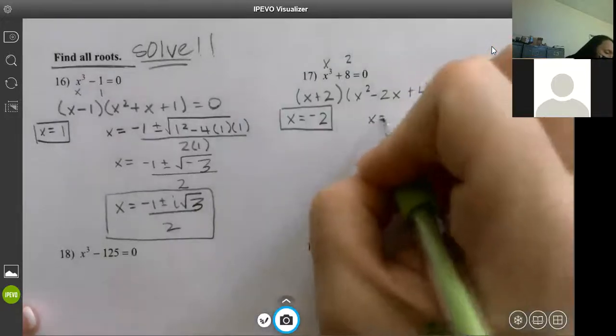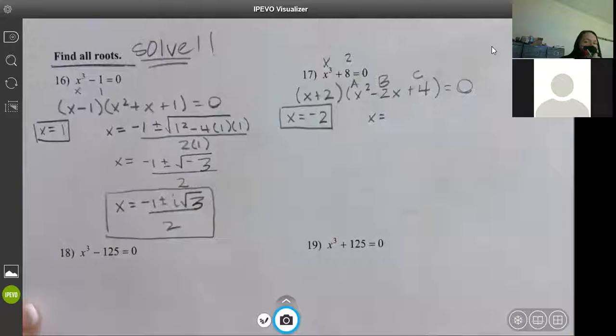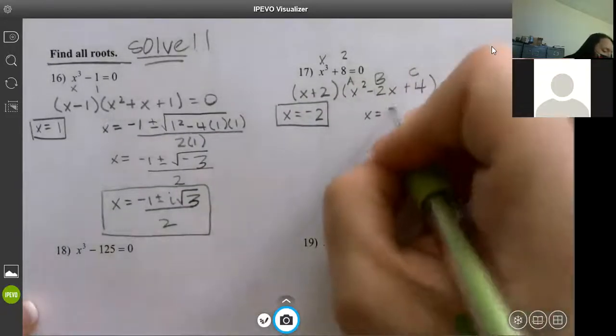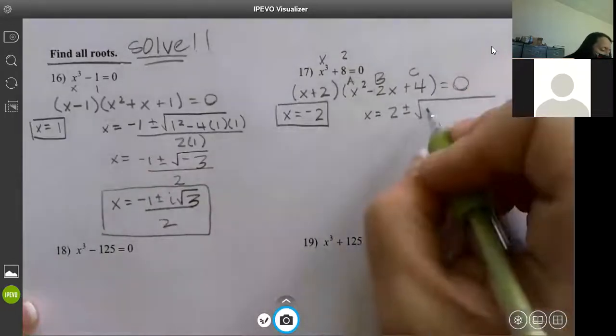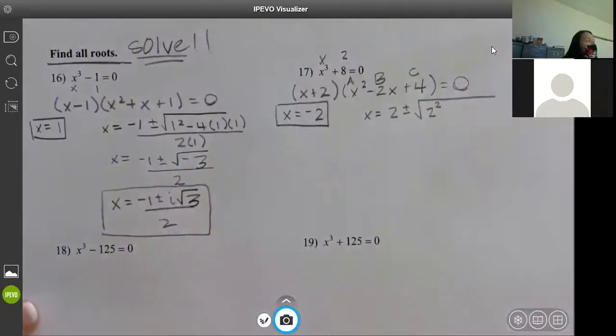X equals, your A is 1, your B is negative 2, your C is 4. So change the sign of B, it's going to be a positive 2 plus or minus big fat square root. Remember that I always use the positive. You can use a negative, just make sure you put it in parentheses, put it in your calculator right.